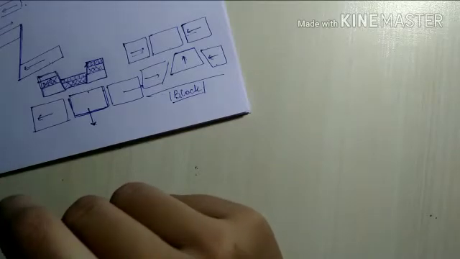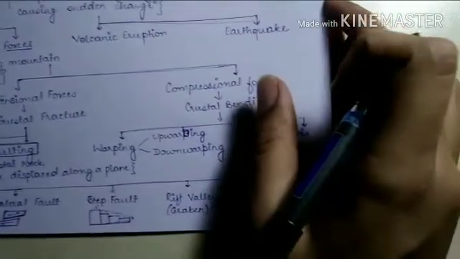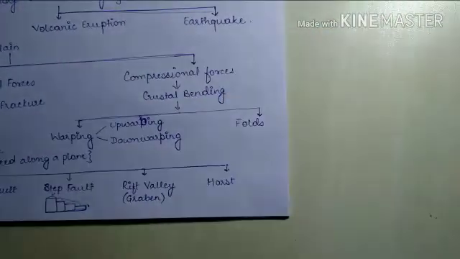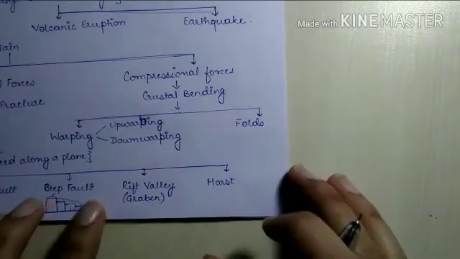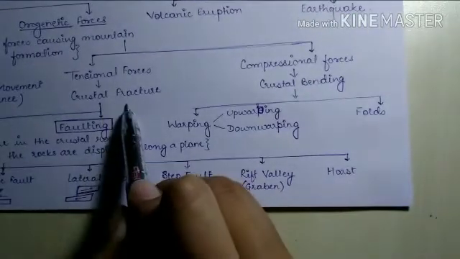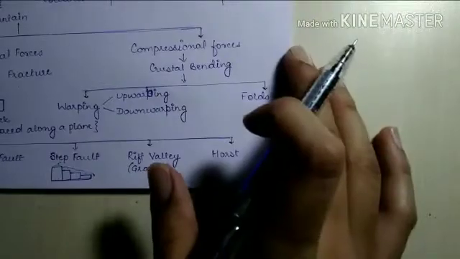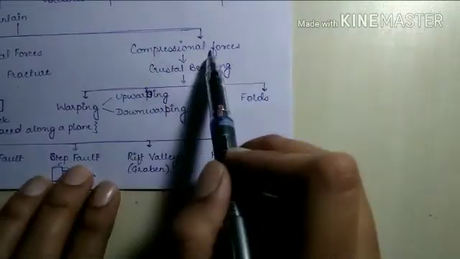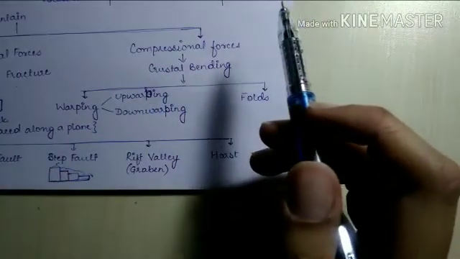Okay, so now let's get on to another thing, that is compressional forces. We have done tensional forces. Okay, we have completed tensional forces. Now we are coming up to compressional forces. They cause crustal bending.